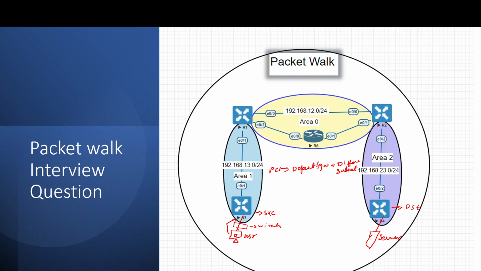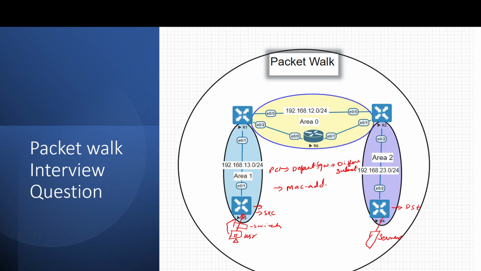So now I'll check for the ARP on the PC. I'll send an ARP request for the destination MAC address, and I will resolve it and send it to my default gateway here. Once I send the packet to the default gateway, now what does the router do at the first stop? First it will check the MAC address.